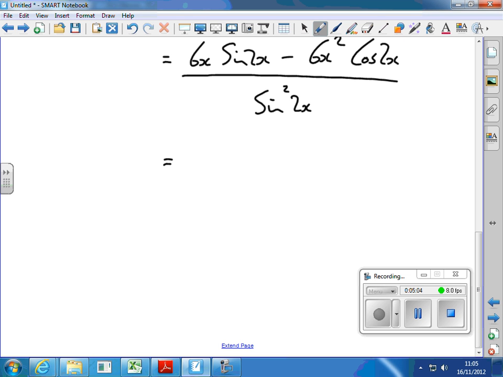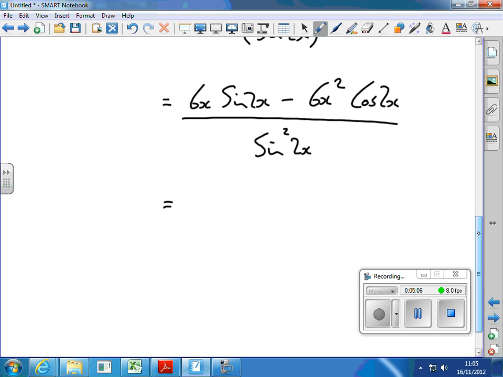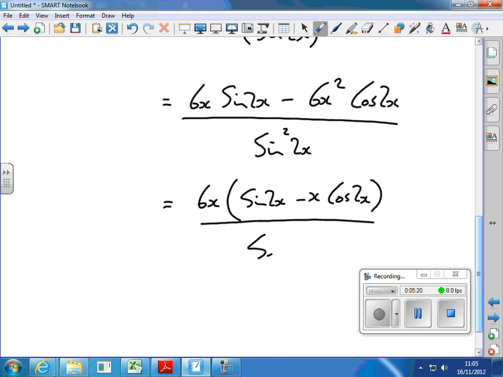We can take, again, as we did before in the product rule, the 6x outside a bracket, leaving sine 2x minus x times cos 2x all over sine 2x all squared. And that would be how we'd leave the answer.